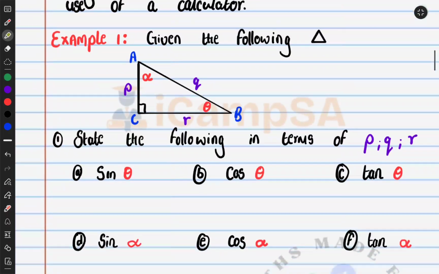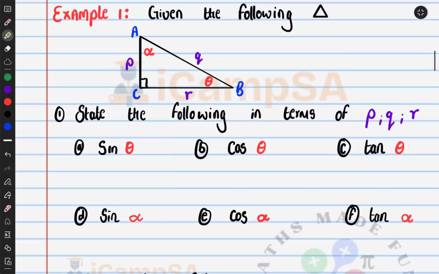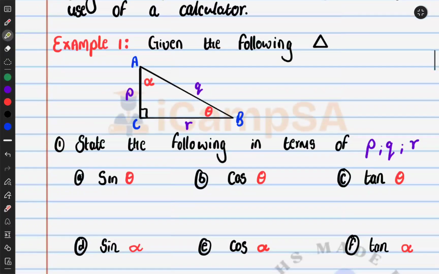Okay, so let's quickly do this example here, just as a practice of what we have just done.